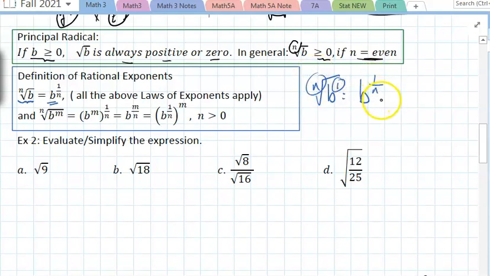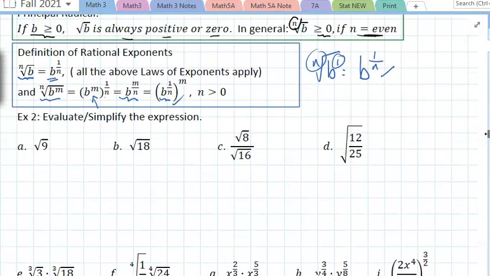And once I write that as exponential, then I could use all the exponential rules and they apply accordingly. And the nth root of b to the n, I could say that's b to the n raised to the 1 over n. If I multiply the powers, that's what I'll get. Or I could say that is b to the 1 over n raised to the n. So you have a couple of options. You could write the problem this way or this way. And I'll point out each as we do problems.